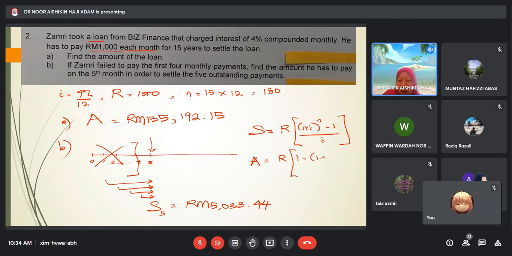It will be 1 minus pula 1 plus I to the power of negative N. So, you see the difference in the numerator? Yang tadi tu 1 plus I to the power of N minus 1. Ini 1 minus. Dia bukan setakat positif negatif N je. Okay? Okay, faham doktor. Sebab tu bila you buat latihan, make it a habit of writing down the formula. And then you substitute all the relevant values into the formula.